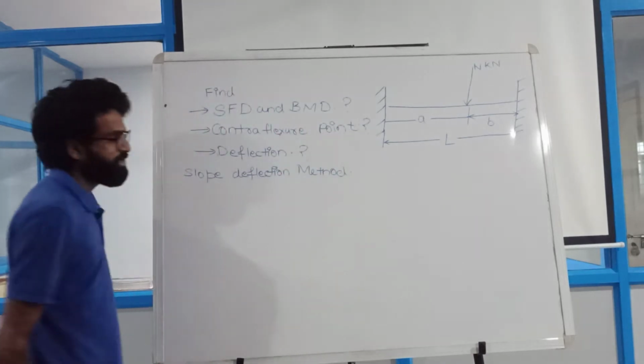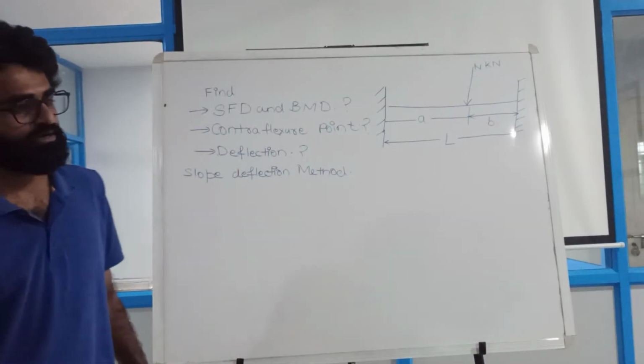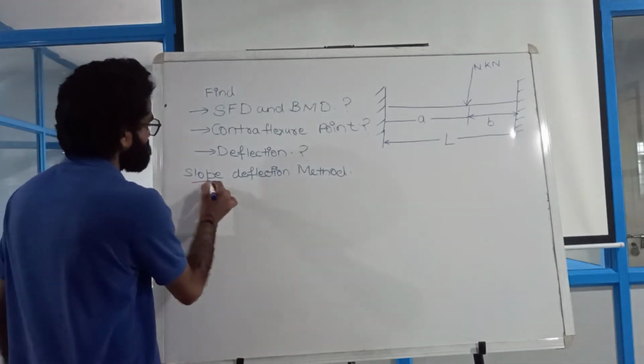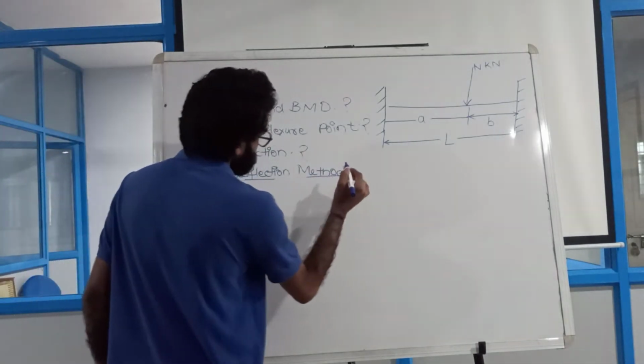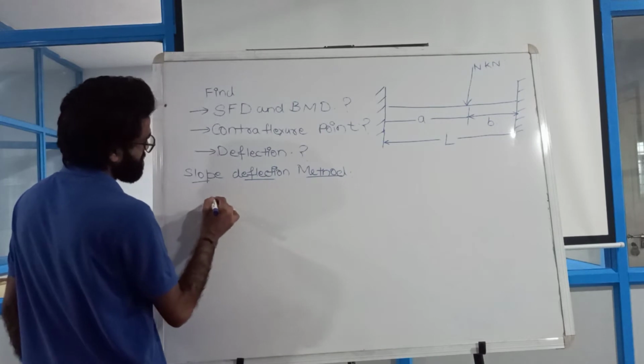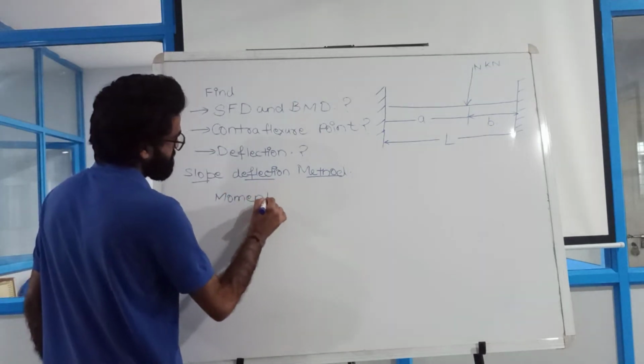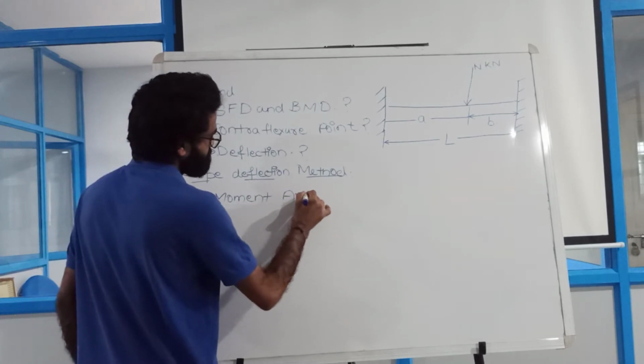And if you have gone through my earlier classes, you know what the slope deflection method is. We are also going to take it as the moment area method. Both are the same.